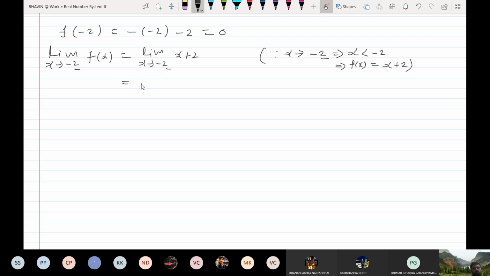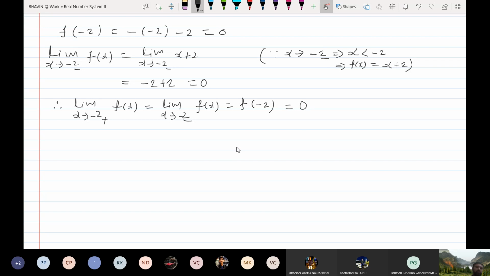So minus 2 plus 2, again 0. Therefore, limit x tends to minus 2 plus f(x) is equal to limit x tends to minus 2 minus f(x) is equal to f of minus 2. All are same and the same value is 0.